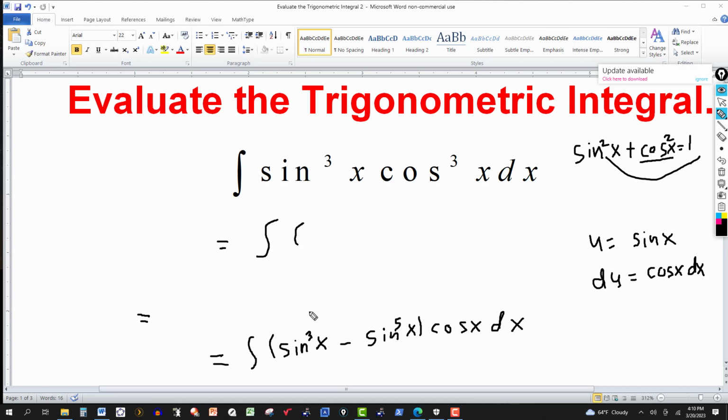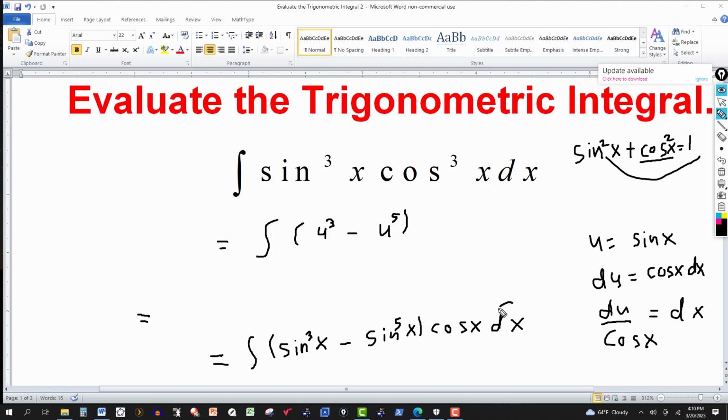So u is sine here, so this will become u to the third minus sine to the fifth, but u is sine, so replace the sine there by u, and this to the fifth power. And from this one right here, dx will equal du, dividing both sides by cosine, du over cosine of x.